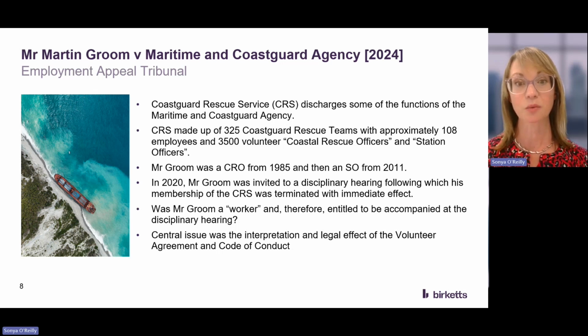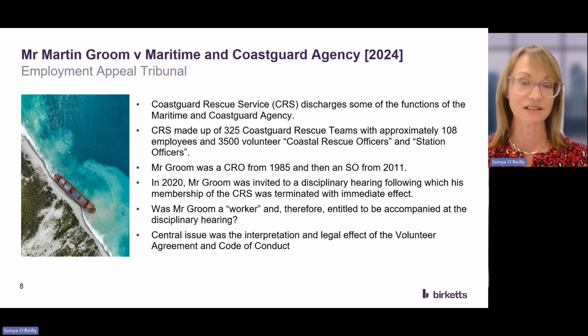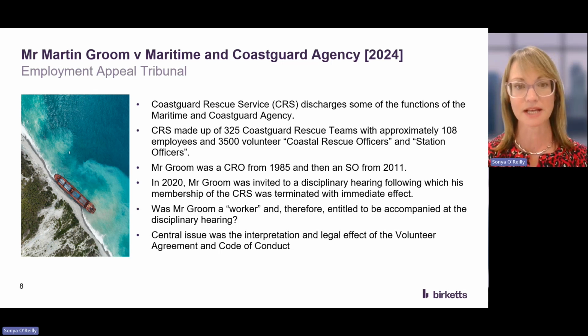So that's when a coastal rescue officer is perhaps promoted out of that role into more of a managerial role, managing a team of other volunteers, but still, in theory, classed as a volunteer themselves. Mr. Groom was one of those coastal rescue officers from 1985, and then he moved into a station officer role in 2011.